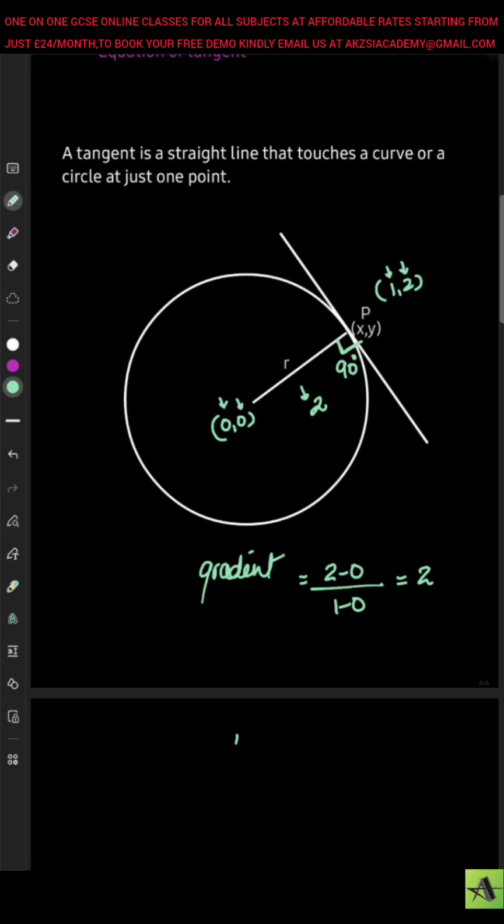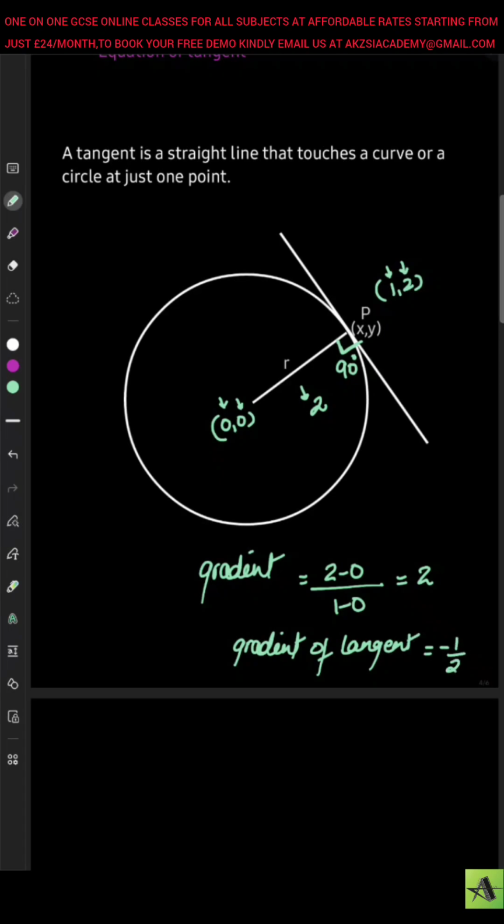So suppose m1 is the gradient of one line and m2 is the gradient of another line, and these two lines are perpendicular, that means making 90 degrees. In that case, they are the negative reciprocal of each other. Because I know that the gradient of the radius is 2, the gradient of the tangent will be the negative reciprocal of that, which is negative 1 over 2.